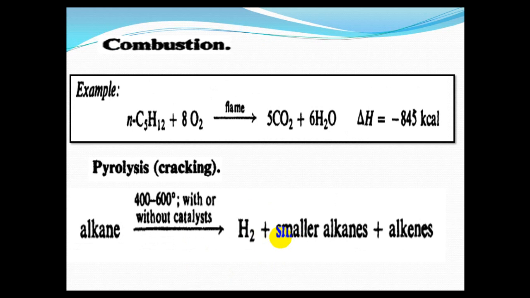In conclusion, one of the reactions of alkane can occur with oxygen as a flame in order to produce carbon dioxide and water and heat. There is another reaction which is pyrolysis, cracking.